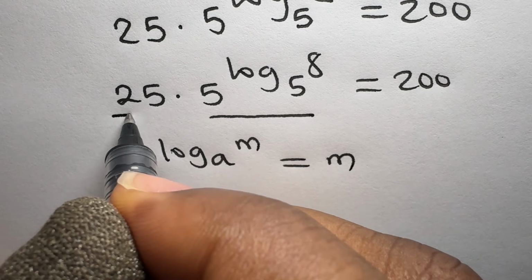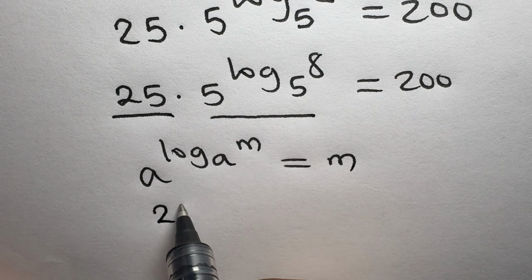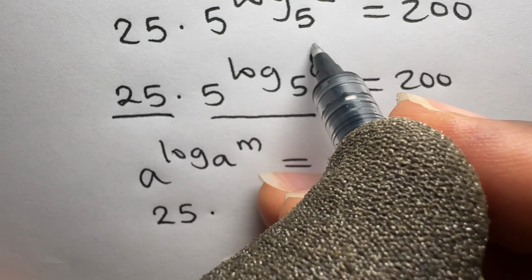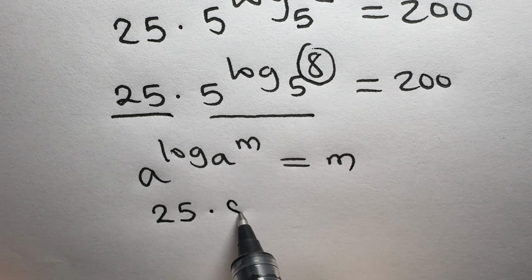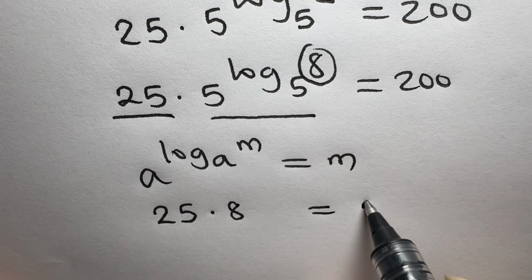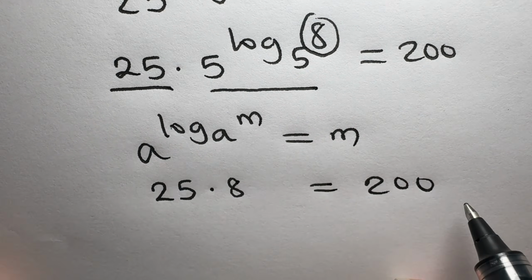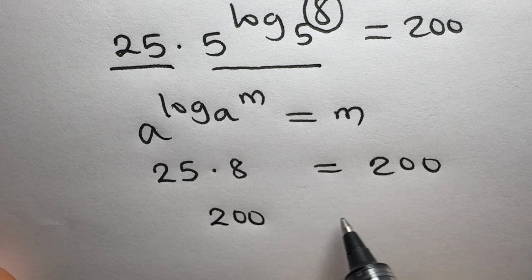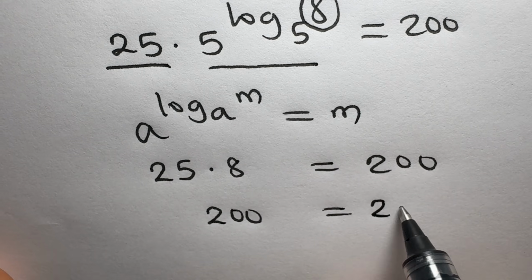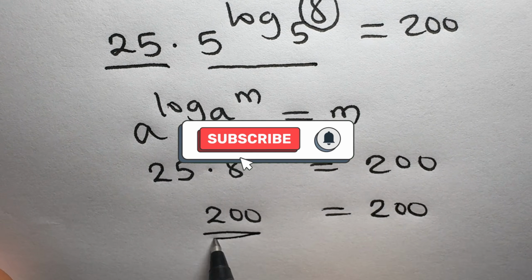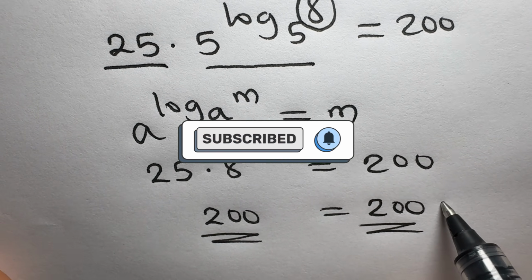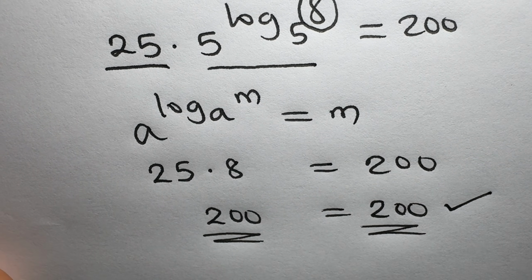Therefore, we have 25 times 8 is equal to 200. And of course, 25 times 8 is 200. So 200 is equal to 200. The left-hand side balances the right-hand side, and that confirms that the solution we got for x is correct.